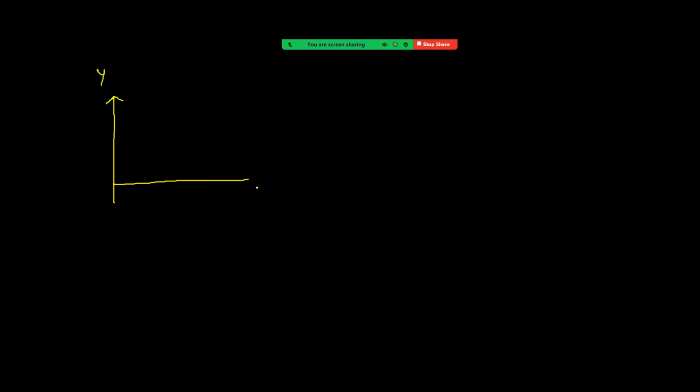This is the y-axis and this is the x-axis. This is a path given, and you can see this is a point P. At this instant, the direction of velocity is going along the positive x-axis.